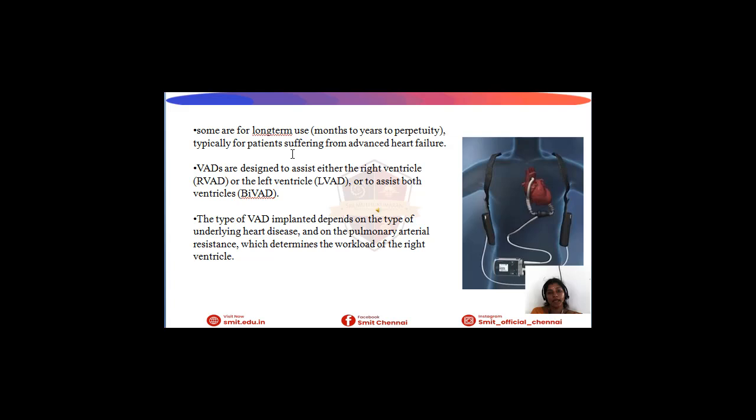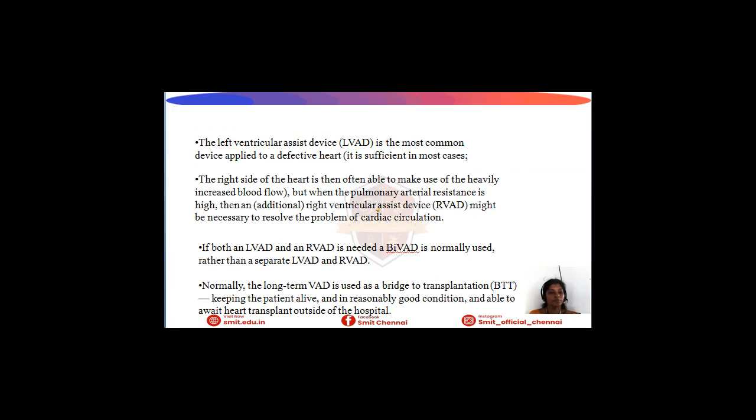The VAD implanted depends on the type of the heart disease. When the heart fails to work in the right ventricle, then RVAD will be used. If it fails to work in the left ventricle, LVAD is used. The most commonly used method is LVAD. The left ventricular assist device is the most common method.